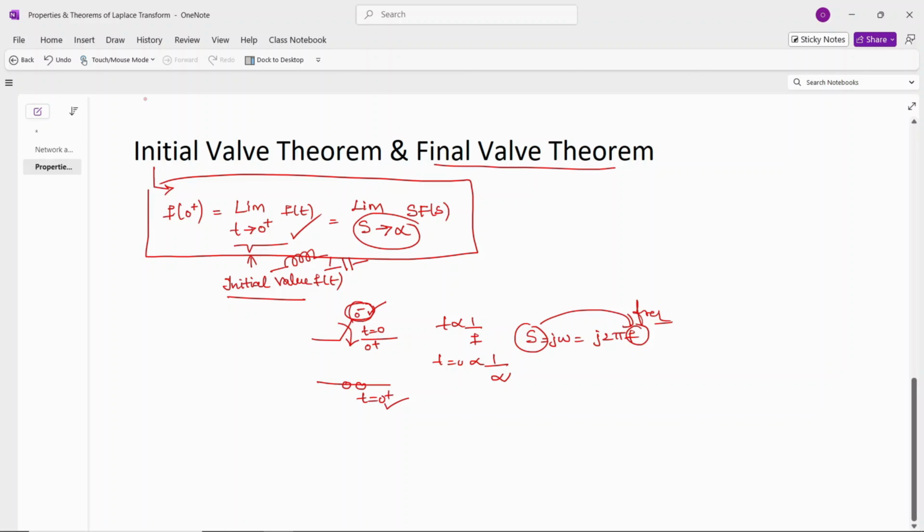This theorem is also used to find the final value of the function. This is used to find the final value of the given network function f of t.